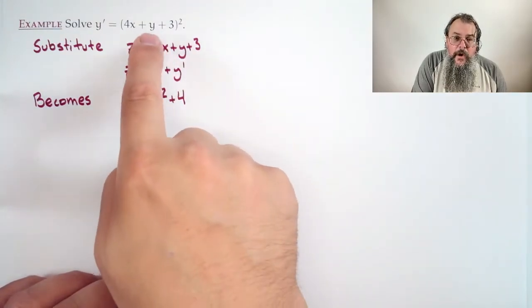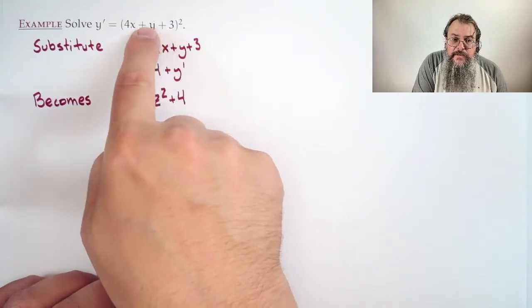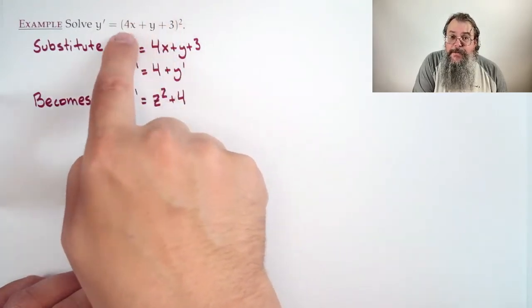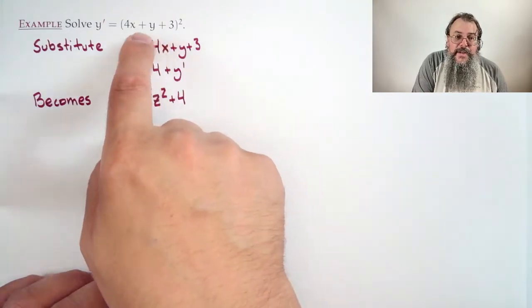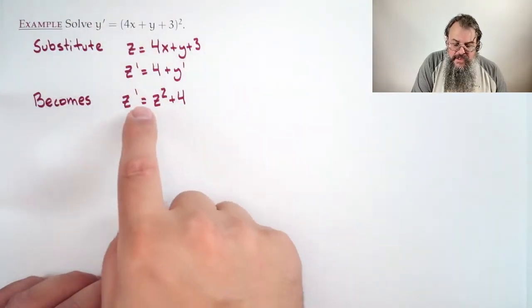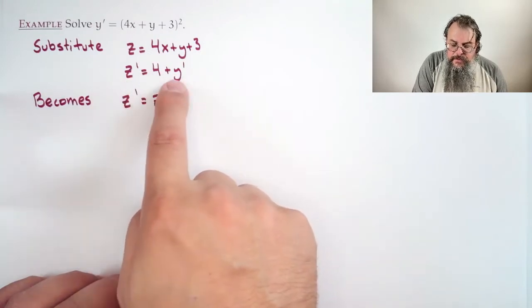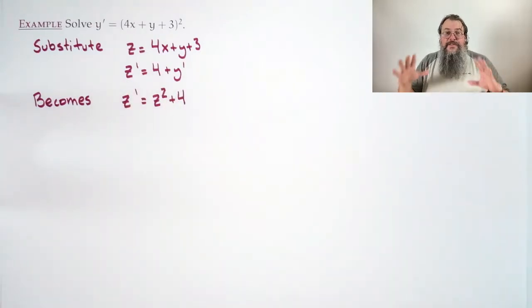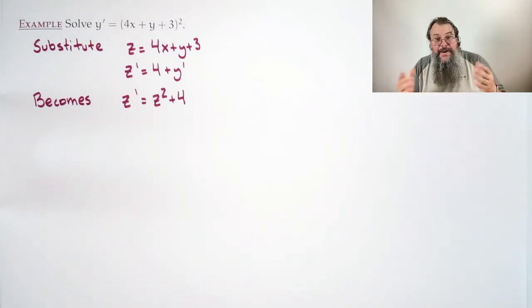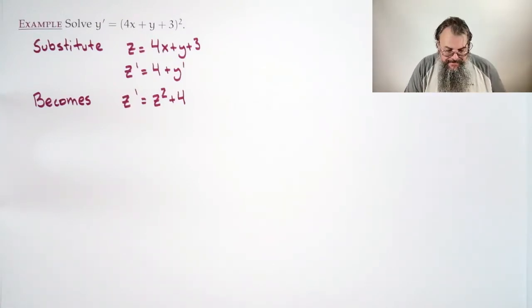And remember, when we substitute, we're really substituting for the y. It just happens to grab a couple of other terms along the way. But you also got to account for that y prime. So we take derivatives, z prime equals 4 plus y prime, and this became z prime equals z squared plus 4. So that's where we were at. Now, the continuation.